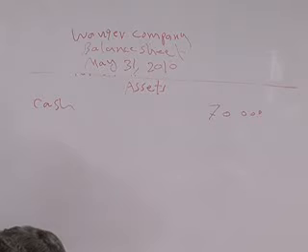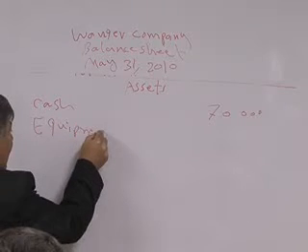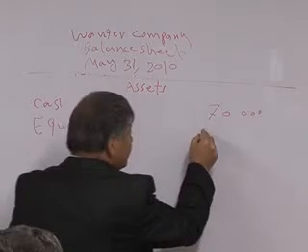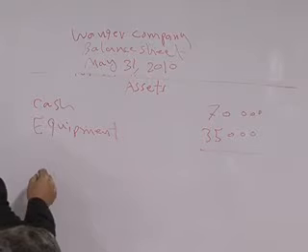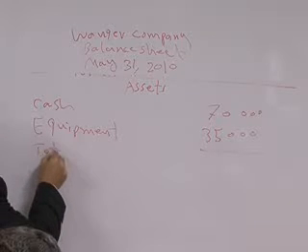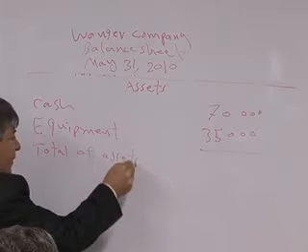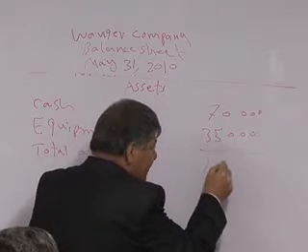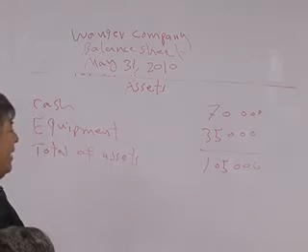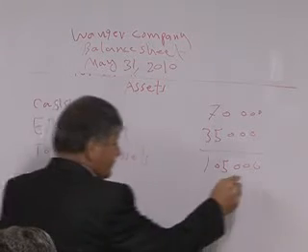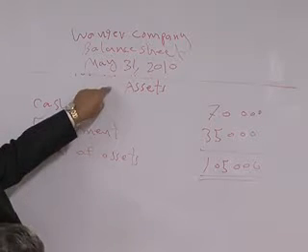As you see in the trial balance, equipment, 35,000. Total of assets, $105,000. This is the section of the assets.